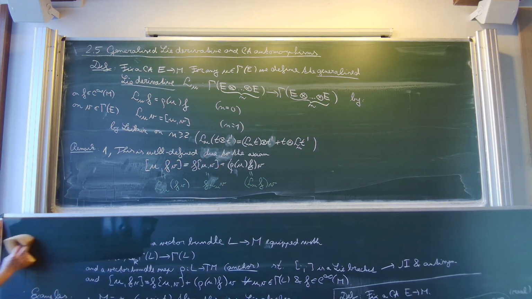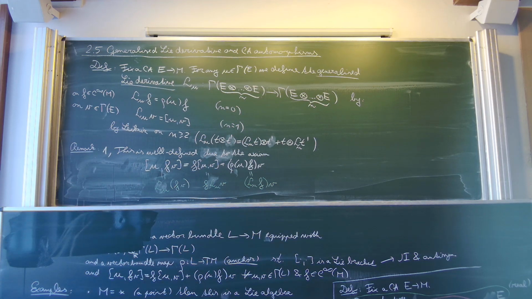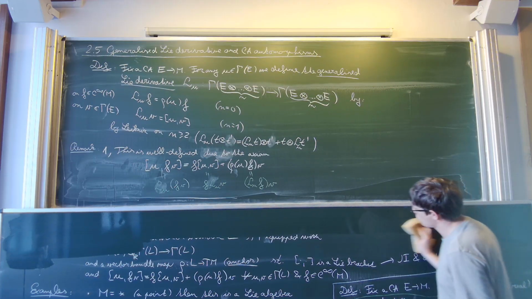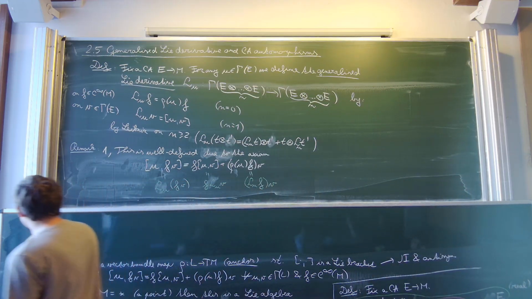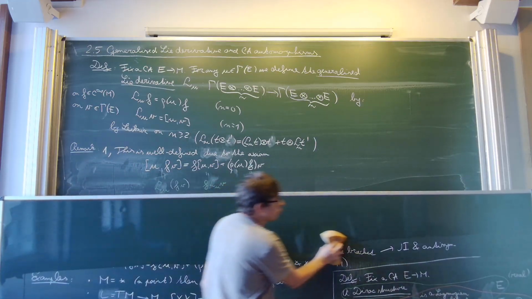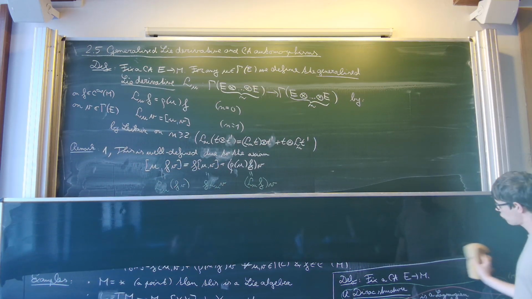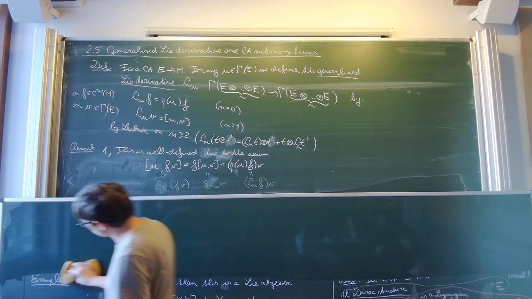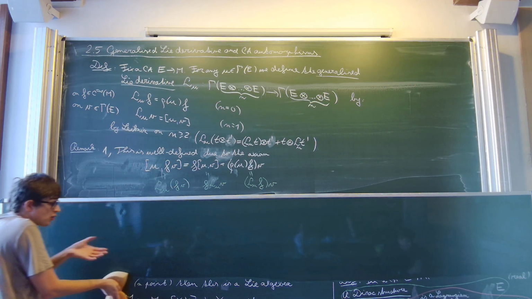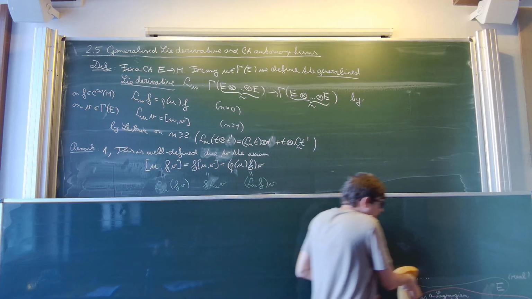But in ordinary geometry, when you define the Lie derivative in this way, you also need to say how it acts on duals. Tensors in ordinary geometry are sections of a tensor product of tangent spaces, but also can have cotangent spaces.